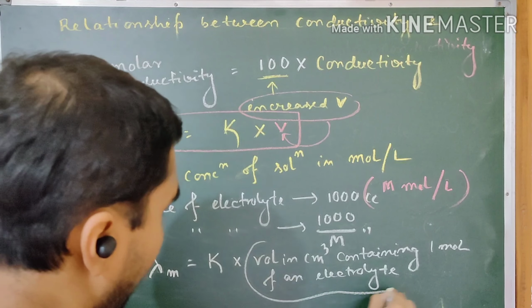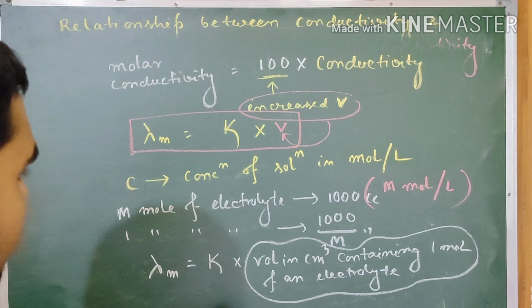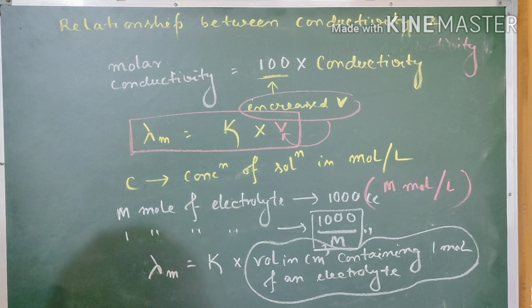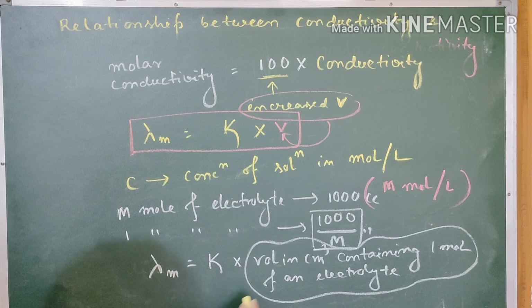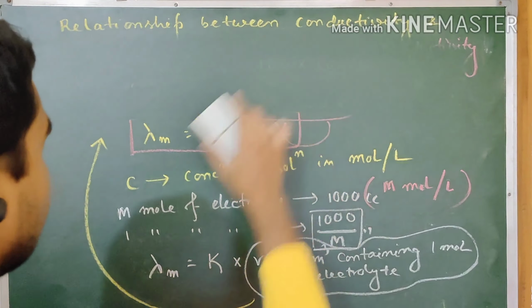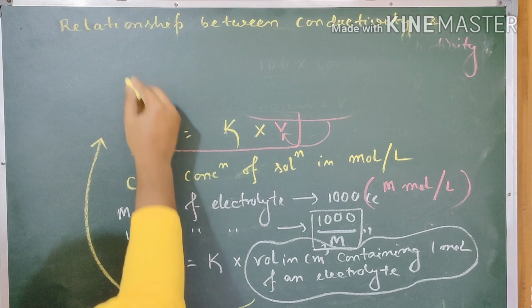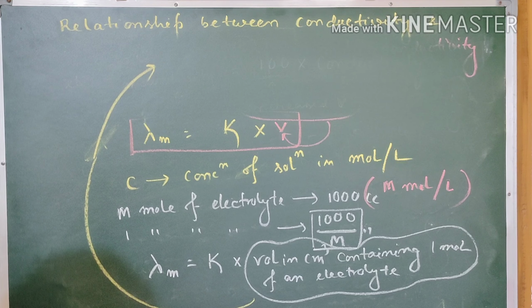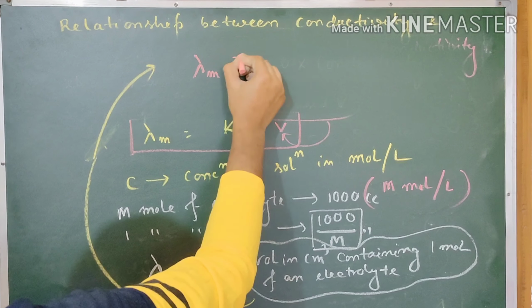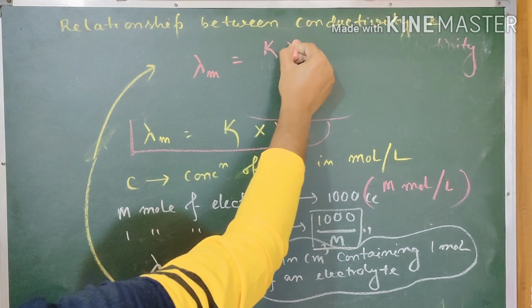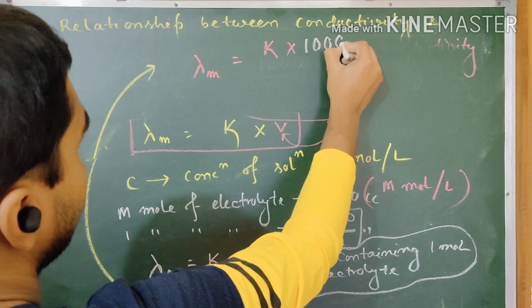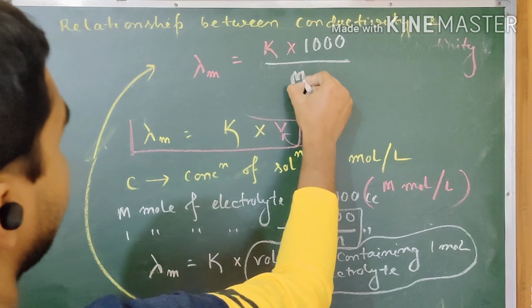And this particular part, the volume in centimeter cube containing 1 mole of an electrolyte, we have already calculated. So from here we can write that lambda m is equal to kappa into 1000 by m.